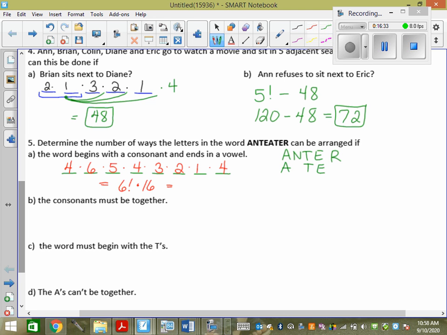So what do we get? It is a big number. 720 times 16. So why don't you divide this one by the 2 factorial, 2 factorial? So what do we get as an answer? 11,500.